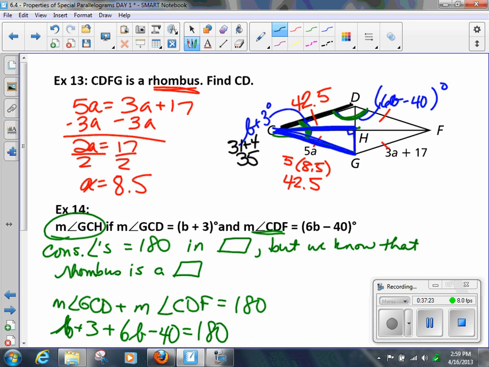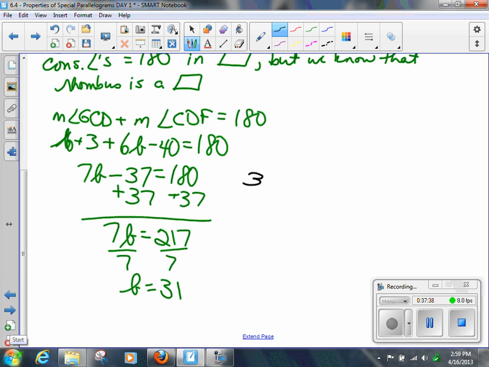Oh, shoot. 31 plus 3, which is 34. That means that whole angle is 34. What's half of that angle? 17. So we're going to take 34 divided by 2, which is 17.